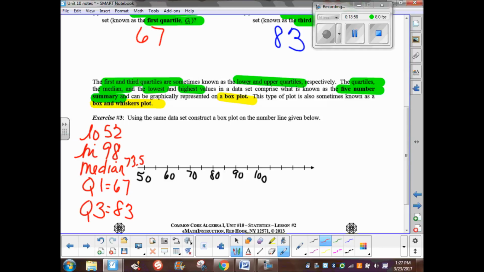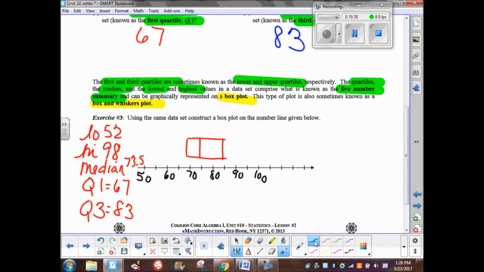The box is made up of Q1 through Q3. Q1 is 67, so about right there. Q3 is 83, so right there. And the median is 73.5, right in there. And we make a box.